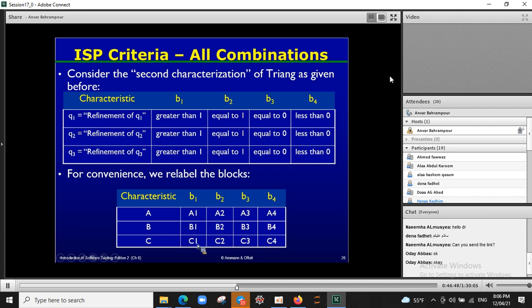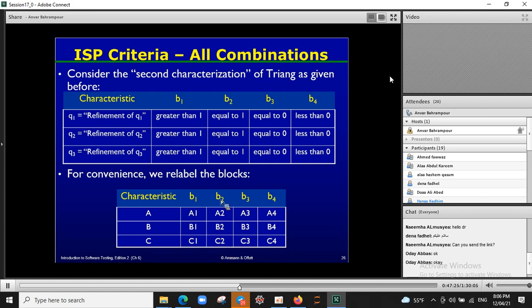Look at this table. We do the first test case as this combination: A1, B1, C1. We try each value from each block of these 3 blocks once. So in each choice coverage, we want to try each choice once.